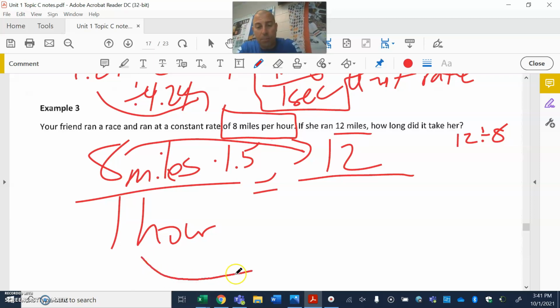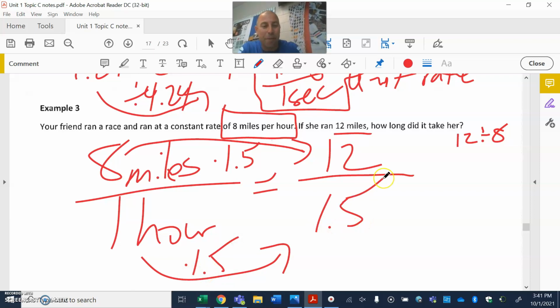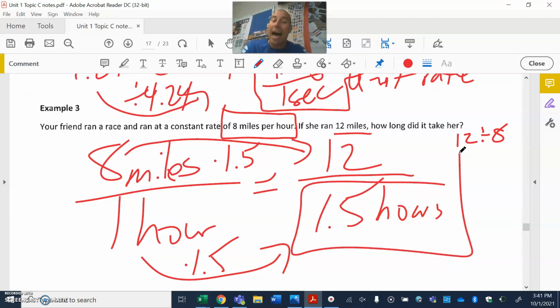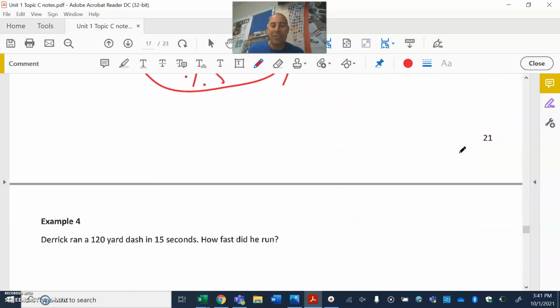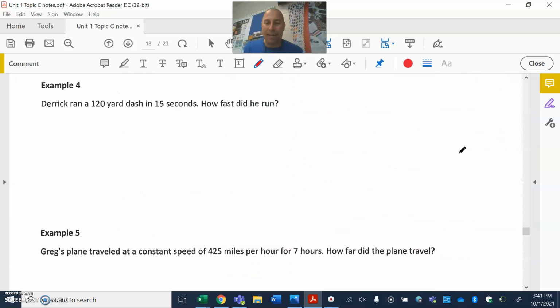If I multiply up there by 1.5, we've got to do the same down here. Again, how long did it take her? That's a time thing, so my hours are down below. It took her 1.5 hours. Again, making sure that the words end up matching.